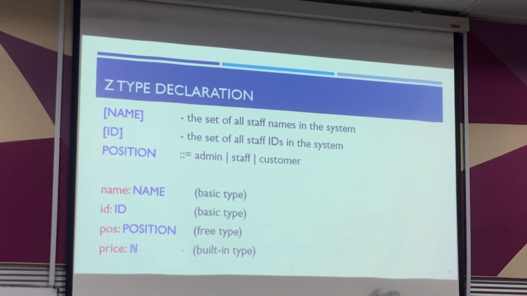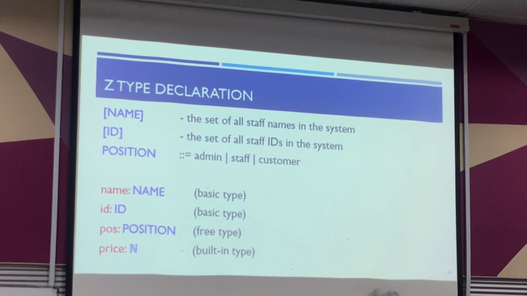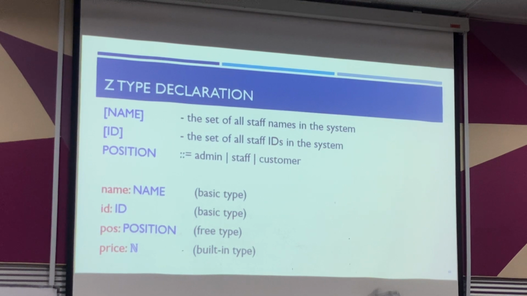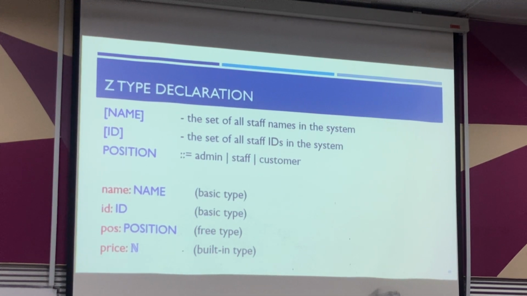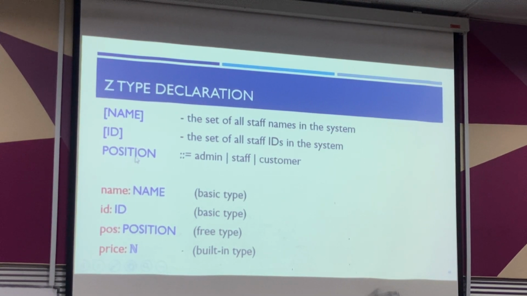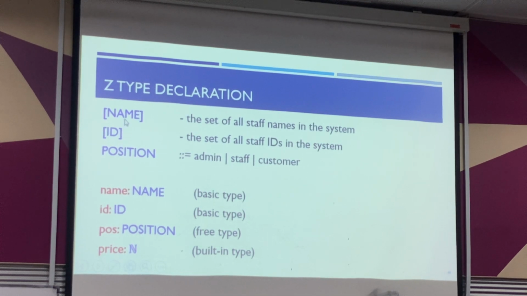So list them one by one inside your assignment later, whatever data type you want, and then put the set of whatever, then put a declaration like this. In this case, I have two basic types, name and ID. Name is the set of all staff names in the system, whereas ID is the set of all staff IDs in the system.